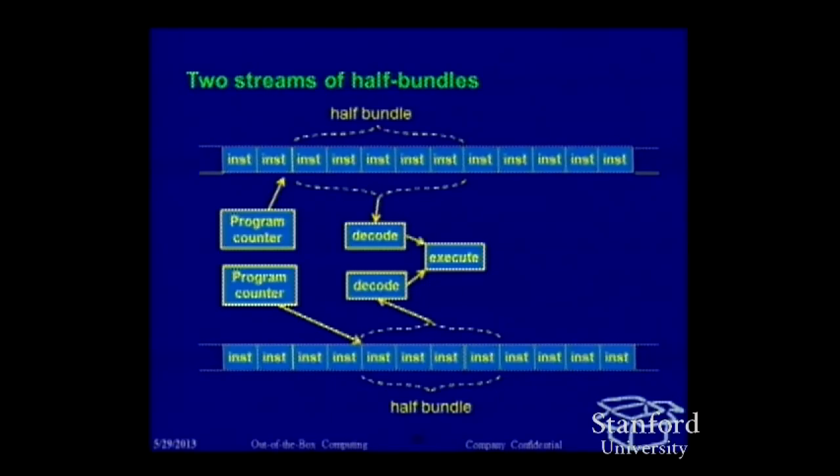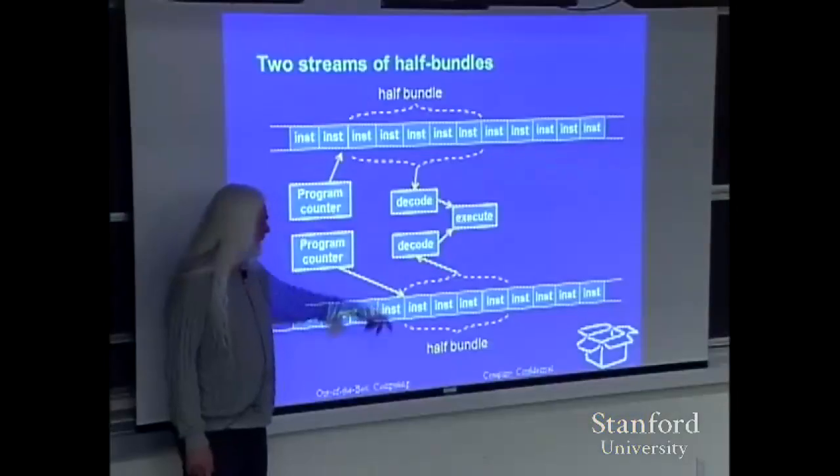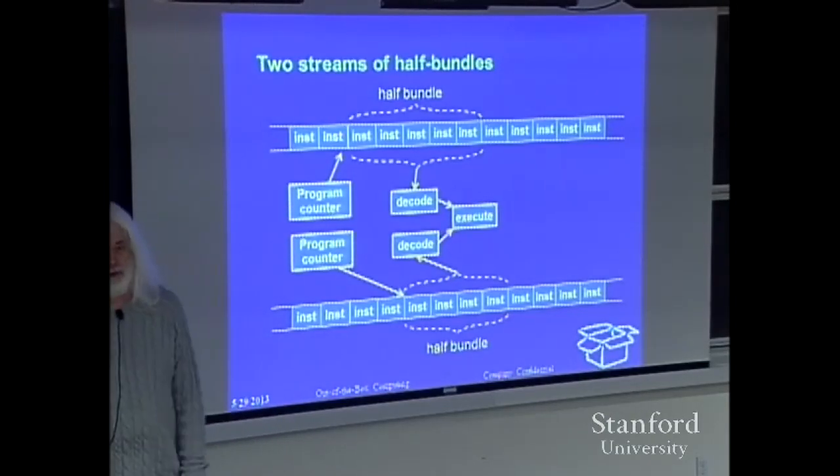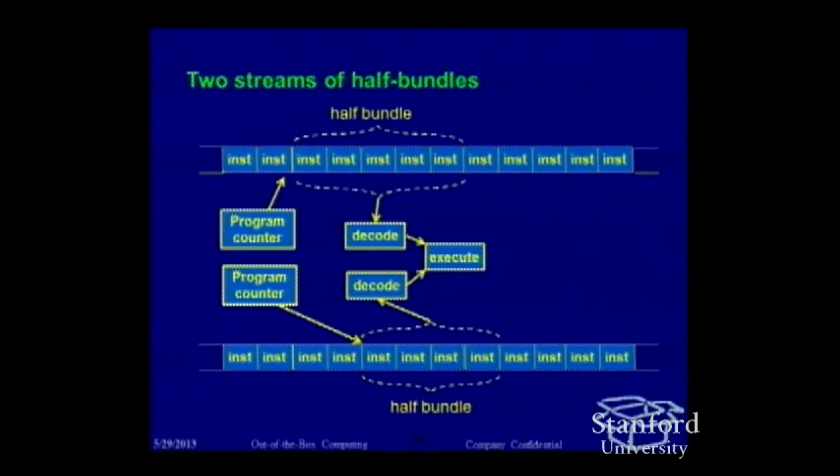You have 2 program counters, one pointing into each of the half bundle streams. Each one feeds its own decoder. But the decoders only have half the load. They're not trying to do 30, they're trying to do 15. Well, welcome to polynomial, that's a big good thing.